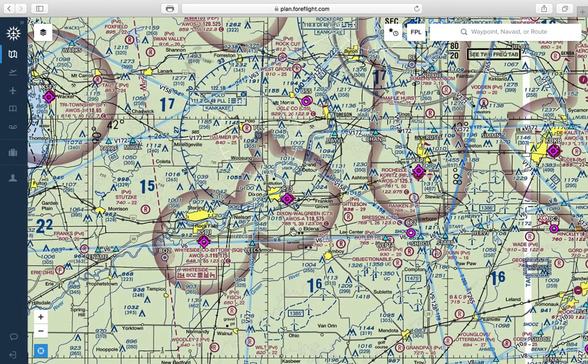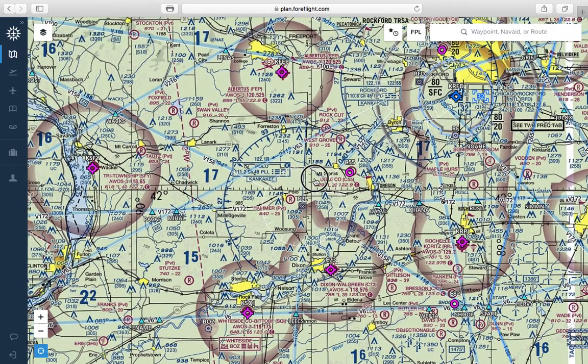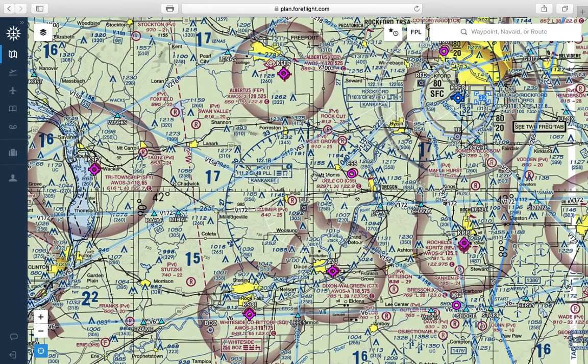From here it's 700 AGL to 17,999, and in Echo airspace you need the 3152 rule below 10,000 feet MSL, and above 10,000 feet MSL you need the 5111 rule.